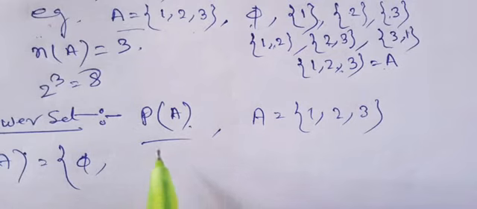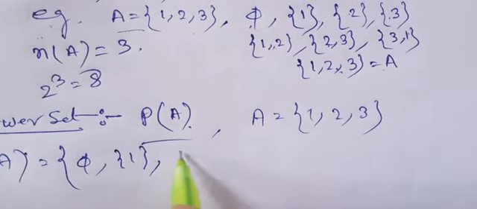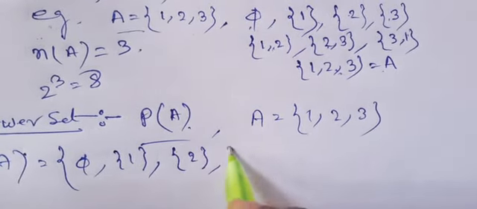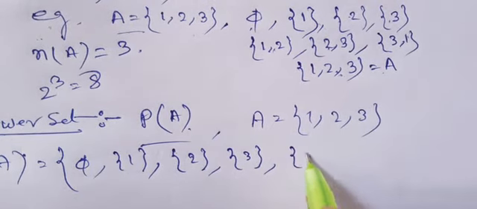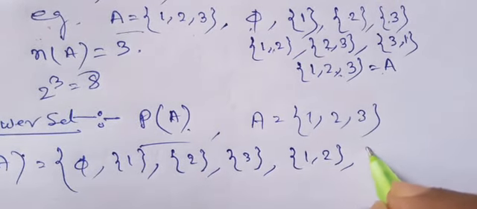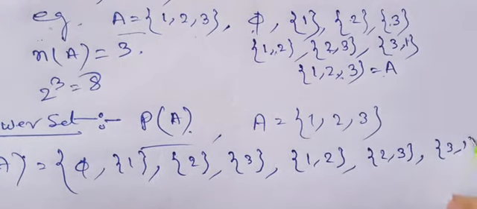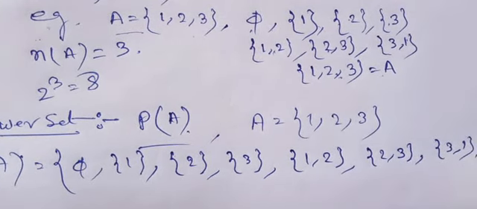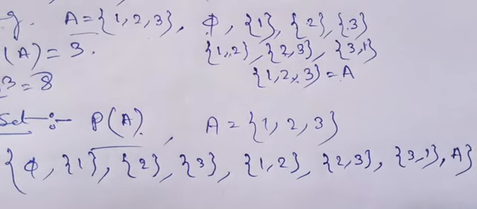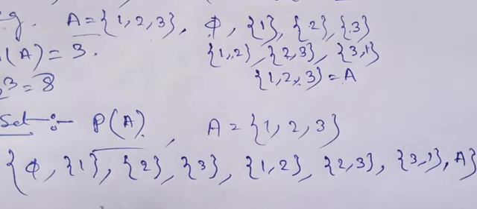Phi, {1}, {2}, {3}, {1, 2}, {2, 3}, {3, 1}, and A itself. Okay, so this is the power set.